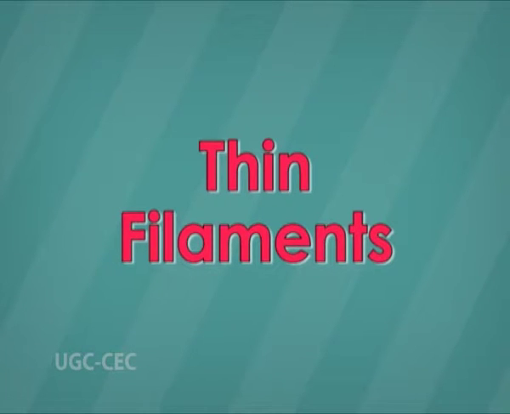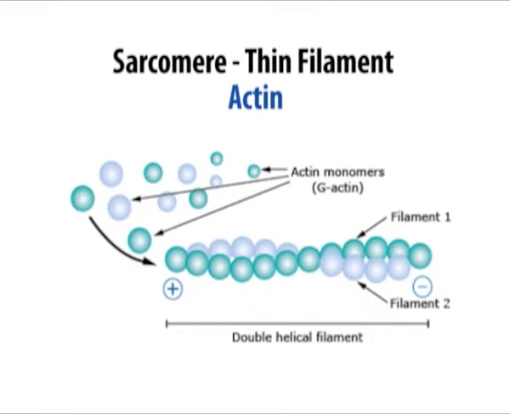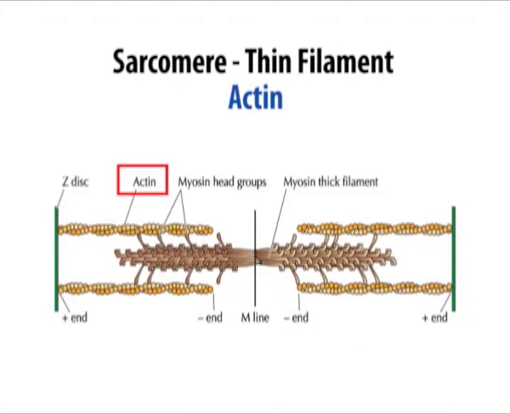Thin filaments are made of three proteins. Actin forms a helical structure that makes the majority of thin filaments. It forms myosin binding sites that allow myosin to connect to and move actin during muscle contraction.